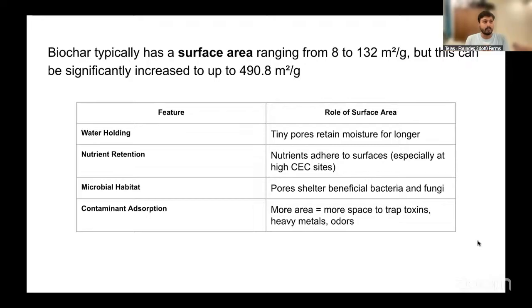Imagine 1 gram of biochar, which is a very teeny tiny bit. It has 130 meters square of area, which is a big field, a cricket stadium kind of surface area, in just one tiny little gram of good biochar.